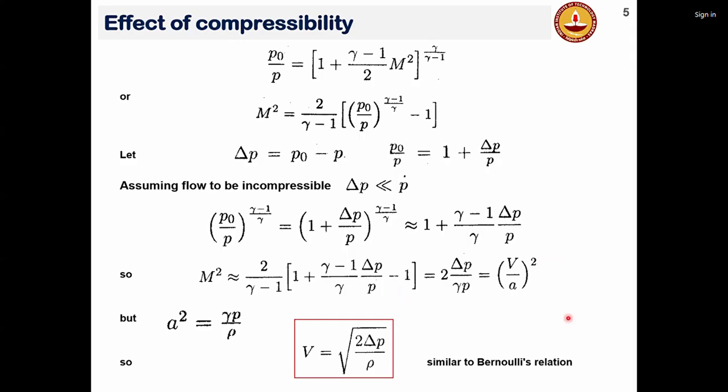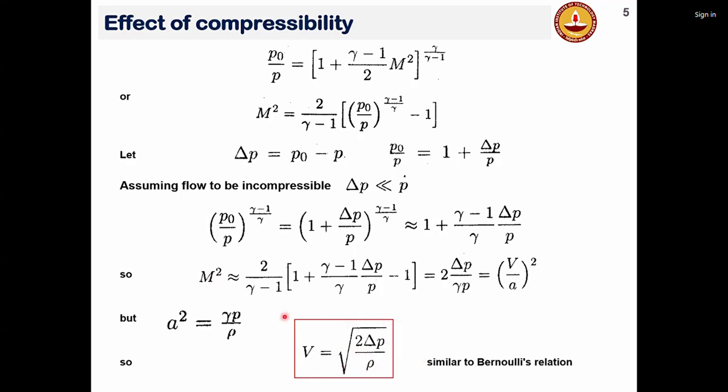Your speed of sound square from thermodynamics is gamma into pressure by density, gamma P by rho. Now, if I substitute for A square here, gamma P by rho, you can show that the velocity can be expressed as square root of 2 into delta P over rho.